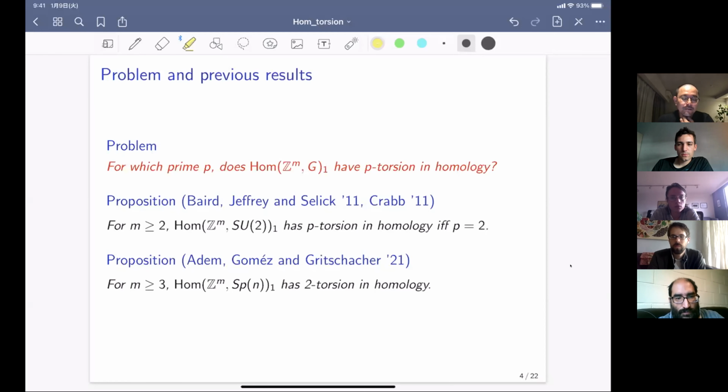Of course, the Weyl group of Sp(n) has order 2^n times n factorial. So this says only a little information about torsion in homology of this space. Right. And then, as I told you, these are the only results on torsion in homology of Hom(Z^m, G)_1.